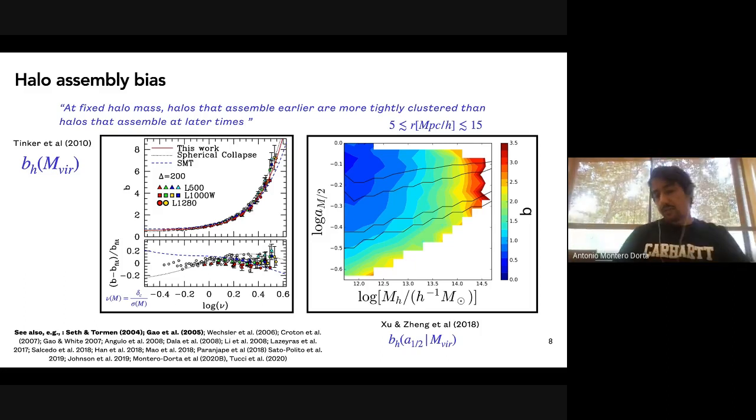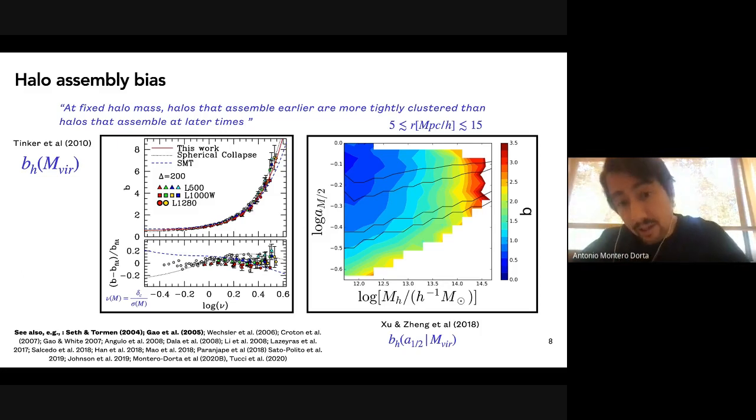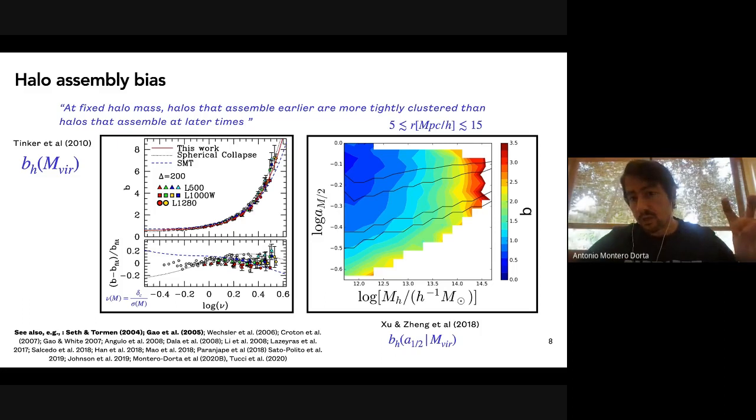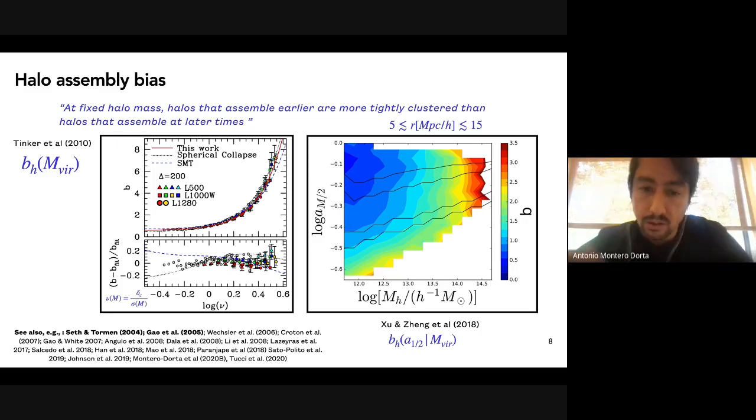On the x-axis, you have halo mass, and on the y-axis, you have the scale factor at which halos form half their masses. So that would be like a formation scale factor, equivalent to a formation redshift or formation time.